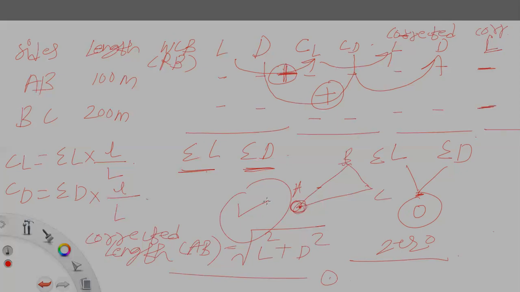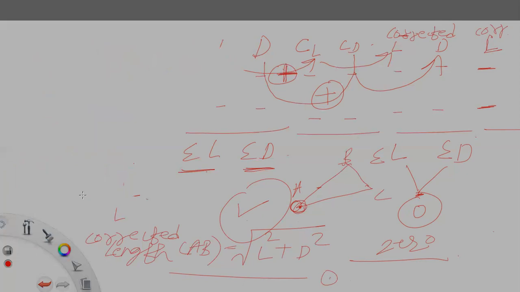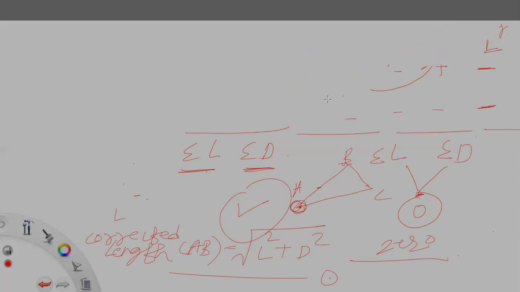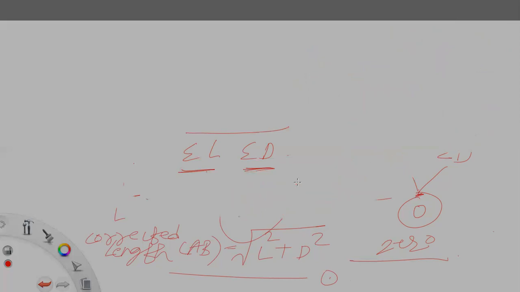Now the next thing is the transit rule, or transit type of traverse method. But before saying that, one thing I am going to tell you is that this method is easy, and in exam you can solve numericals based on this method. If the examiner asks you about the latitude and departure, applying the correction for the traverse, then you can solve that same numerical by using the Bowditch method as well as Gale's traverse table.